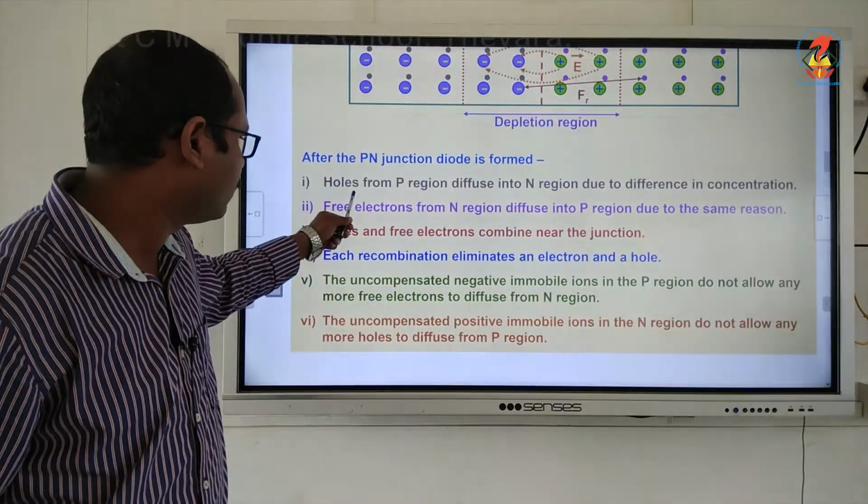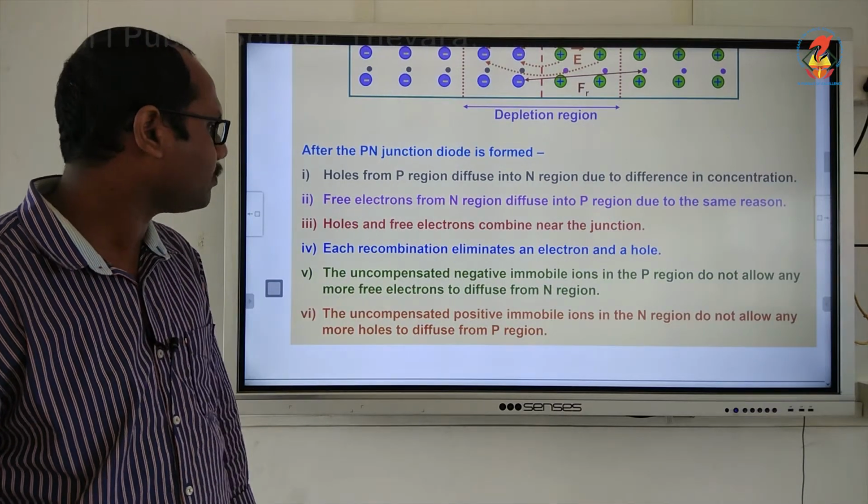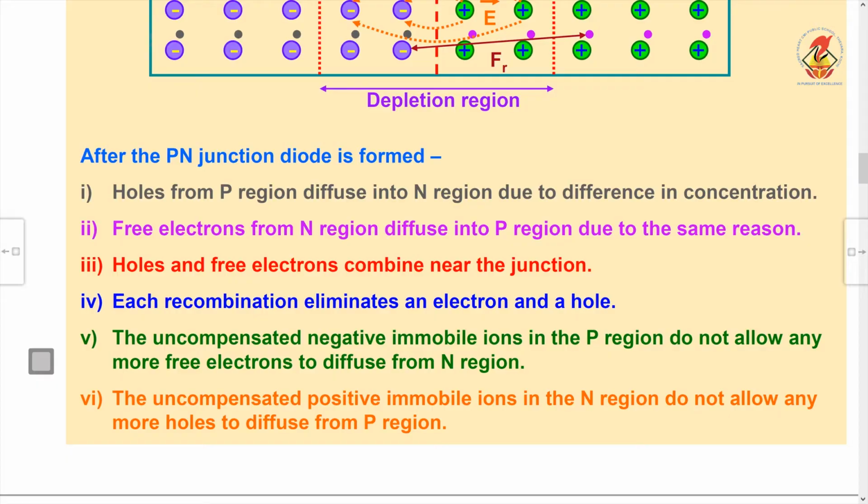Okay, that is what is written here. The uncompensated negative immobile ions in the P region do not allow any more free electrons to diffuse from the N region. Similarly, uncompensated positive immobile ions in the N region do not allow any more holes to diffuse into the P region.